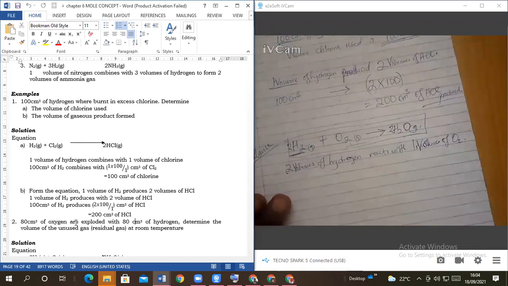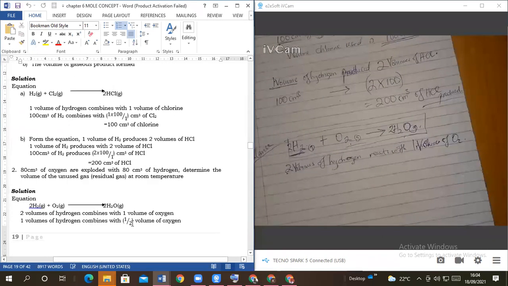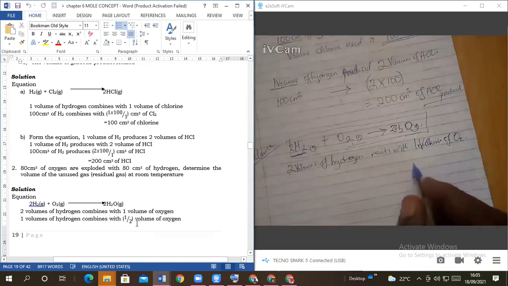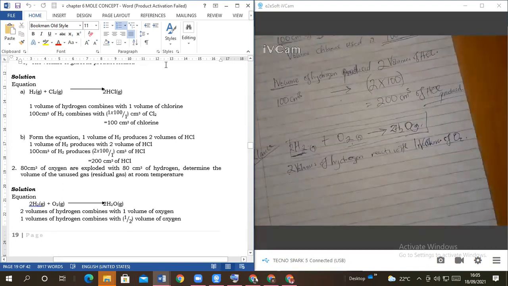Yes, teacher. So here they are trying to ask which one of the gases was unused. Was it hydrogen or oxygen? So we expect to see a certain volume of a gas that remains in our equation.